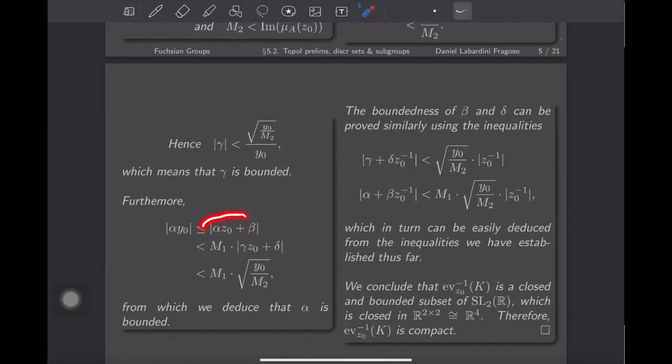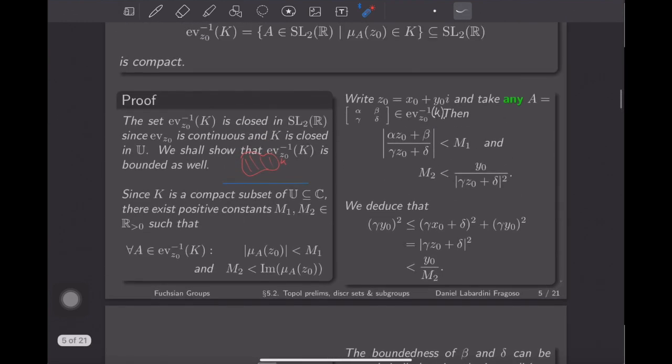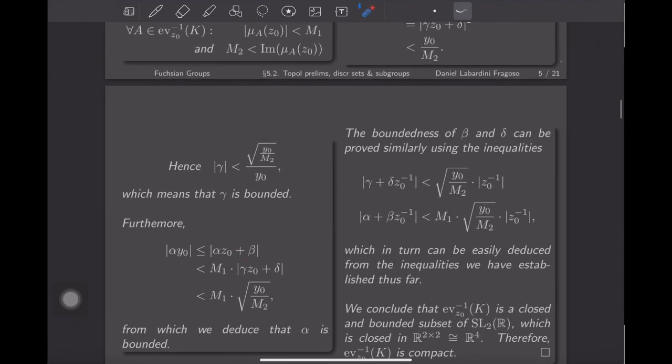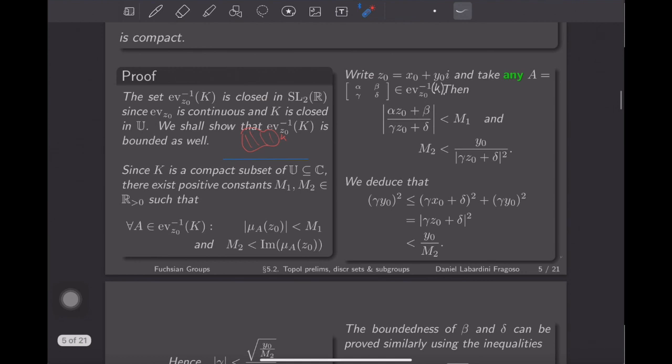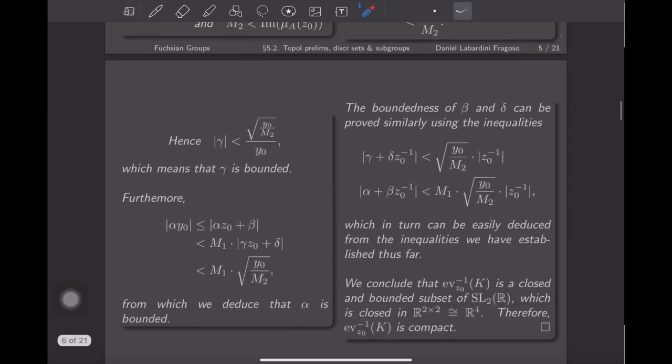And once I'm here, then I use this other inequality, moving this to the right, and of course this one is bounded by this. So again, I move this to the left, this to the right, so it's bounded by this one.